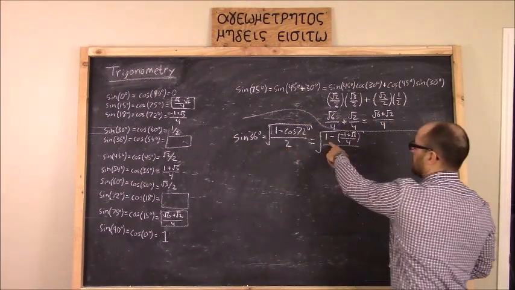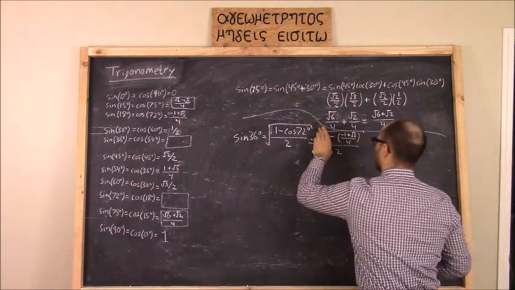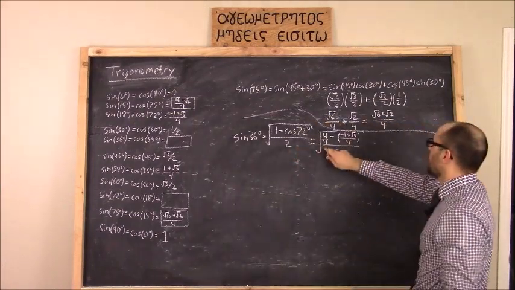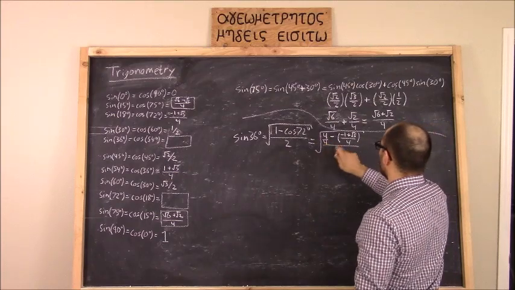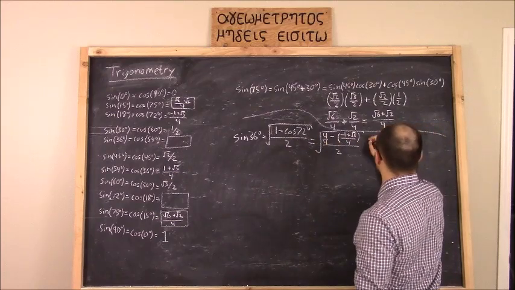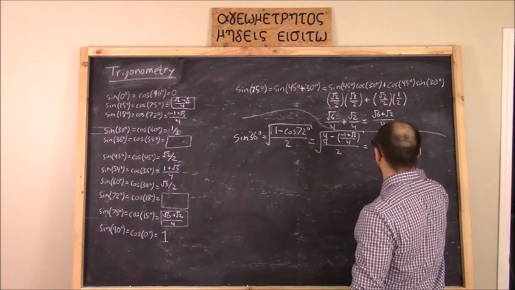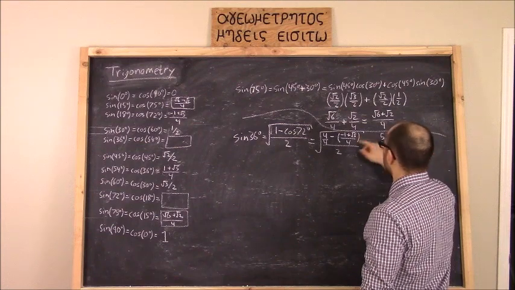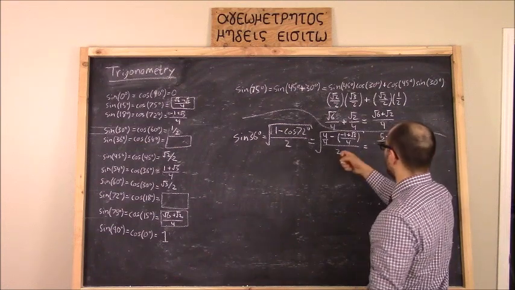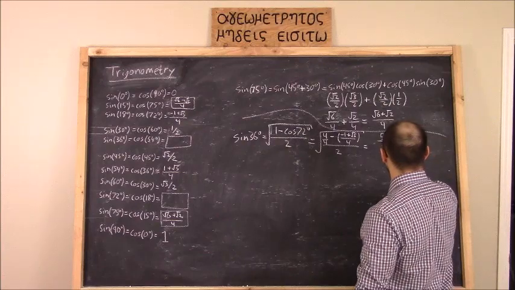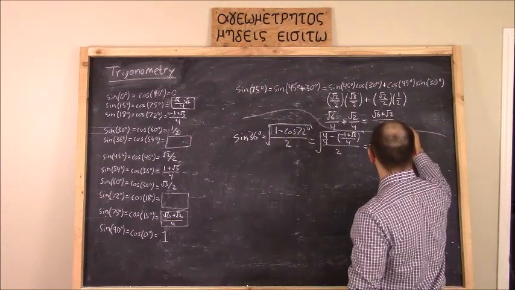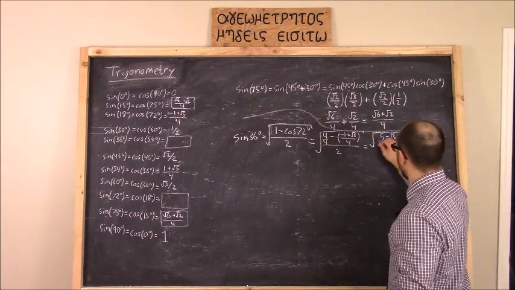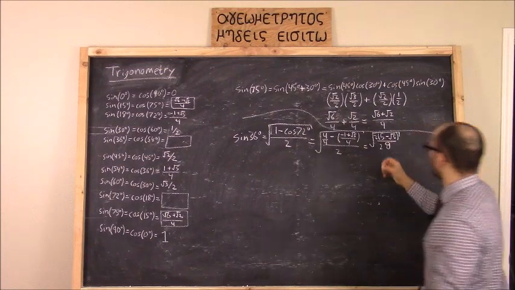Okay, 1 can be rewritten as 4 over 4 because anything divided by itself is equal to 1. So now we have a common denominator. 4 minus a negative 1 is a positive 5. A negative root 5 pops out here. And 4 is in our denominator. Well, 4 times 2 is 8. And it's the square root of all that. Well, what if I multiply both the top and the bottom by a 2?